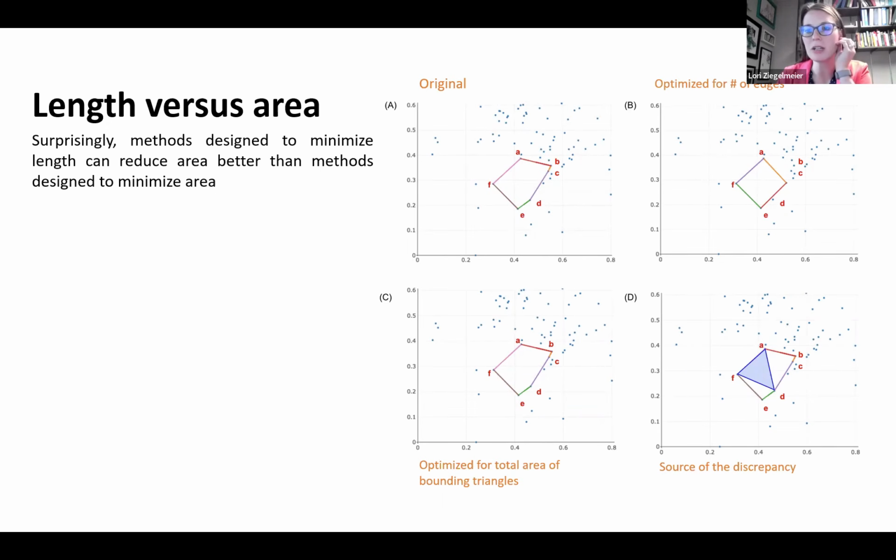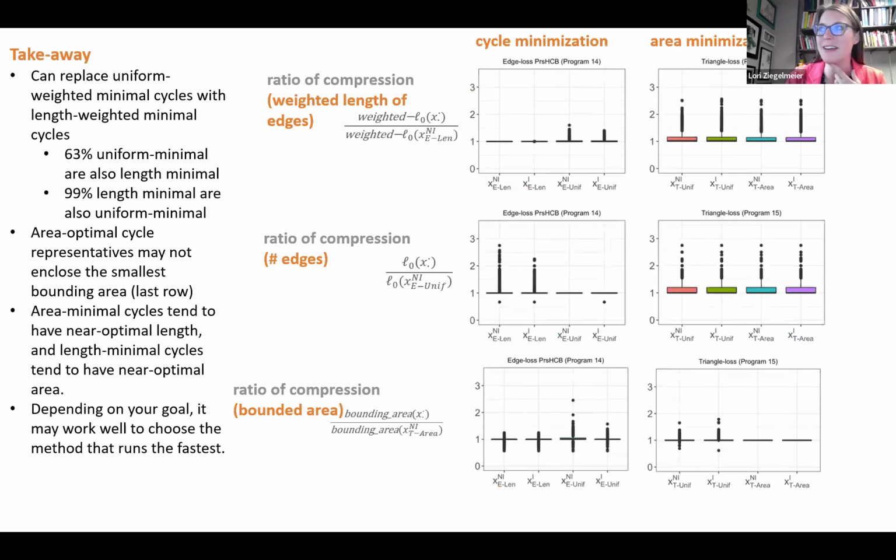Because you have to include that death simplex and the birth simplex, you could actually have a smaller area from the length minimal or edge minimal optimization than the area minimal, which is sort of counterintuitive. So if I had to choose one, I would choose a length minimal problem. But of course, it depends on your application.